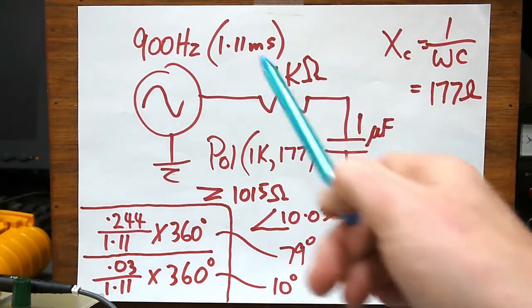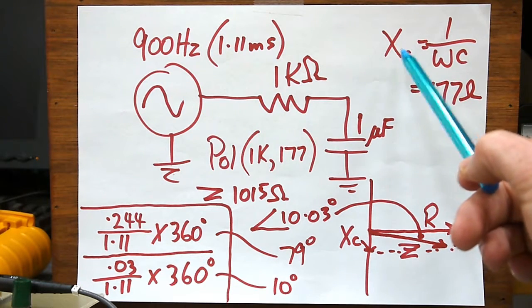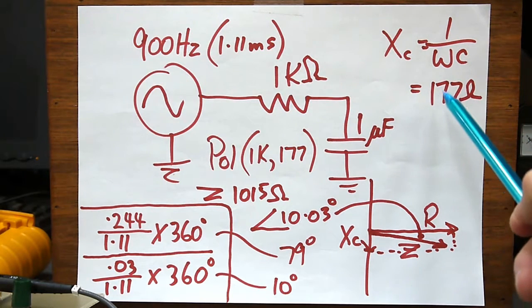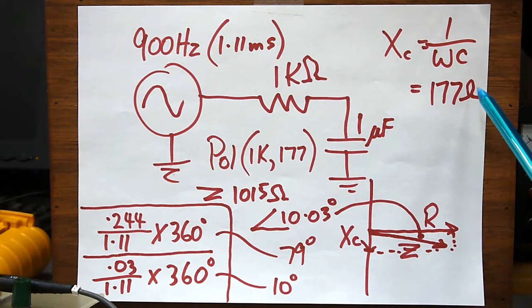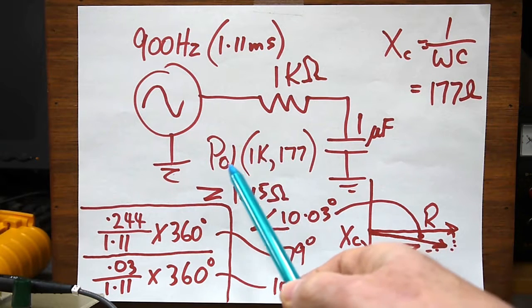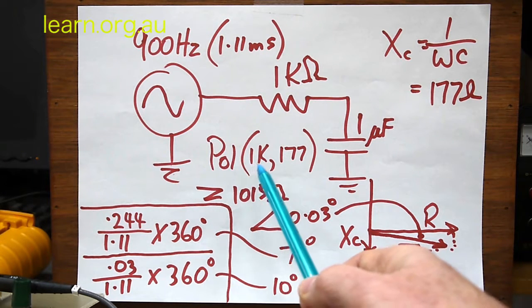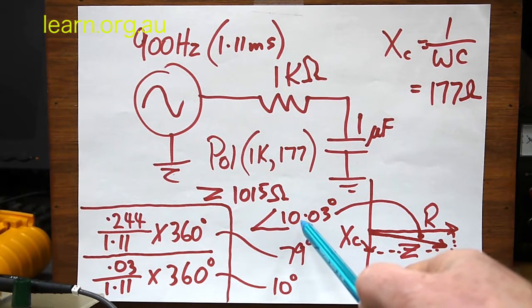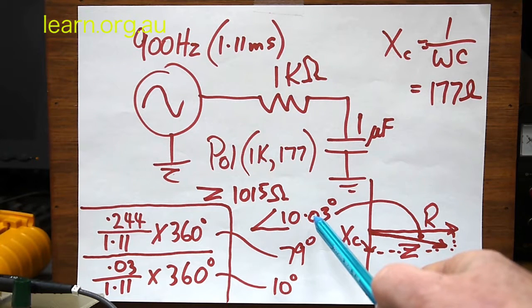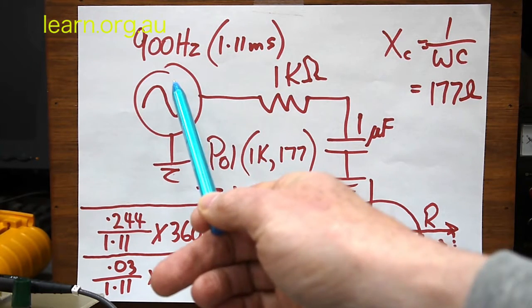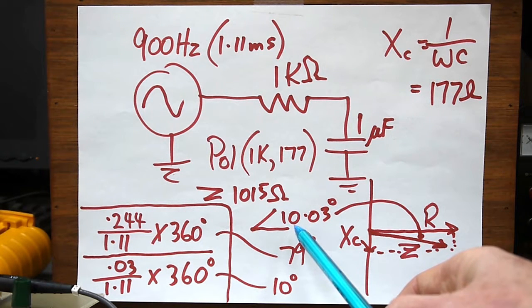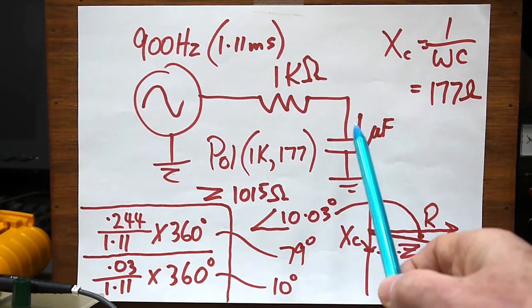Based on the 900 hertz and finding XC, which is 1 on omega C, 1 on 2 pi FC, that is 177 ohms. And then using the polar function on the calculator, pole 1K, 177 to get the impedance of 1015 ohms at an angle of 10.03, which is going to be the supply voltage from the signal generator lagging the voltage across the resistance in the circuit.